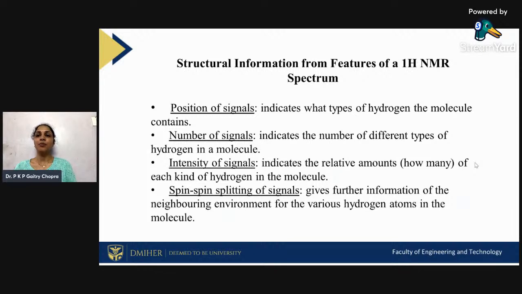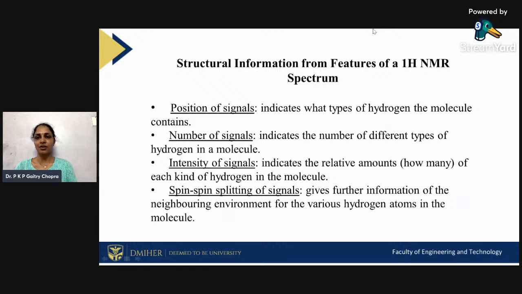And the fourth important piece of information that we get is from the spin-spin splitting of the signals. As I already told earlier, the NMR spectra that we used to get were low resolution spectra, and now because of technological advances, we are getting very high resolution spectra in which we can see one single signal splitting into different signals.